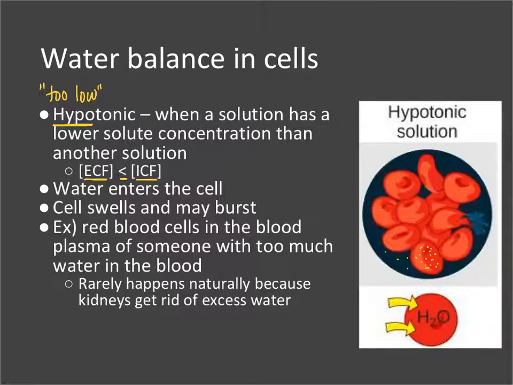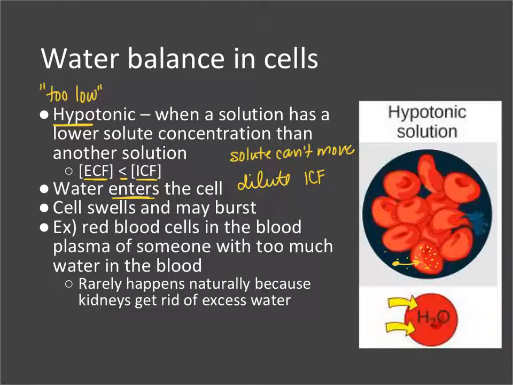Now, water is going to enter the cell because remember, the solute can't move in this example, but water can. So water is going to enter the cell because it's going to try to dilute the more concentrated intracellular fluid. All right, so the water is going to move from outside the cell into the cell.